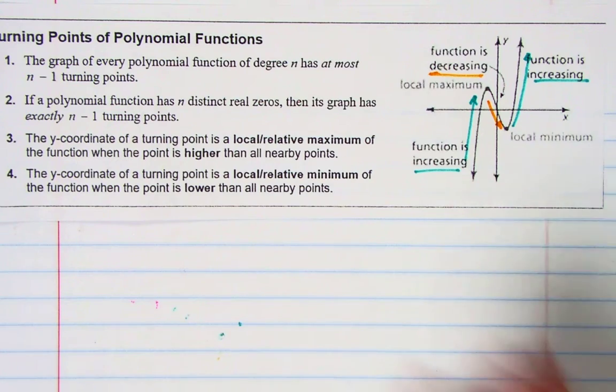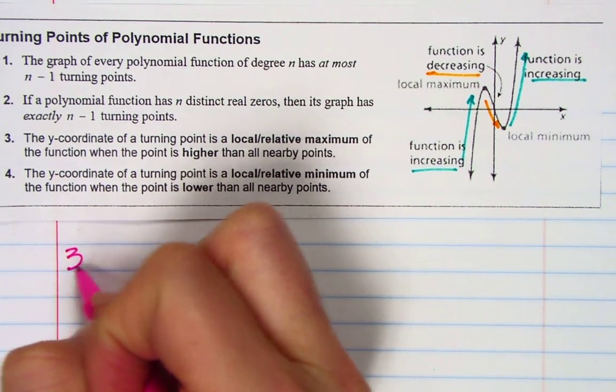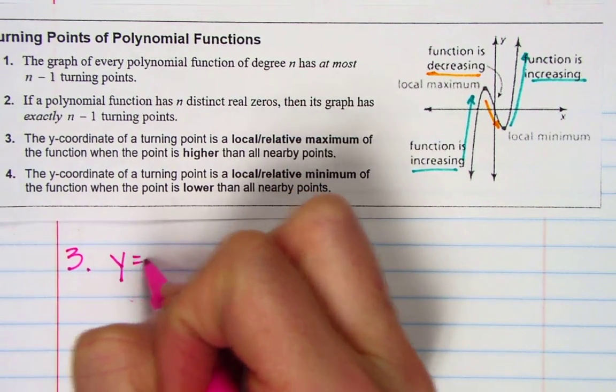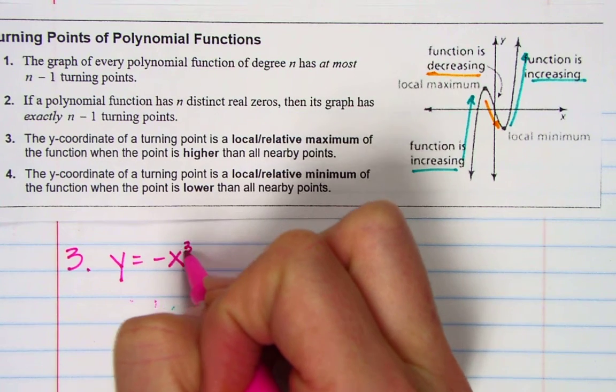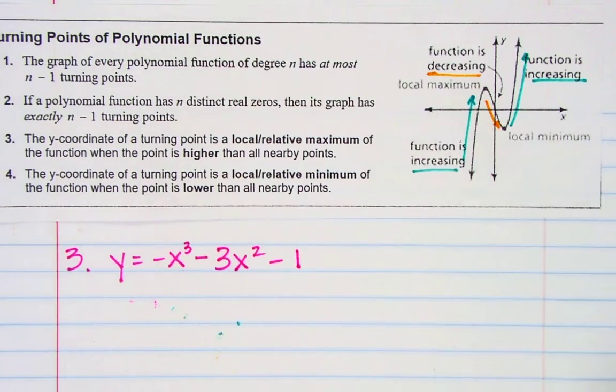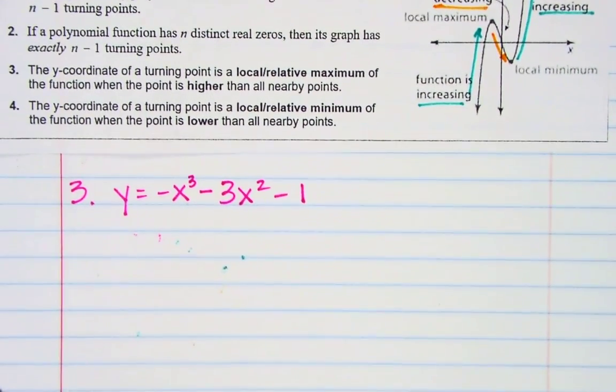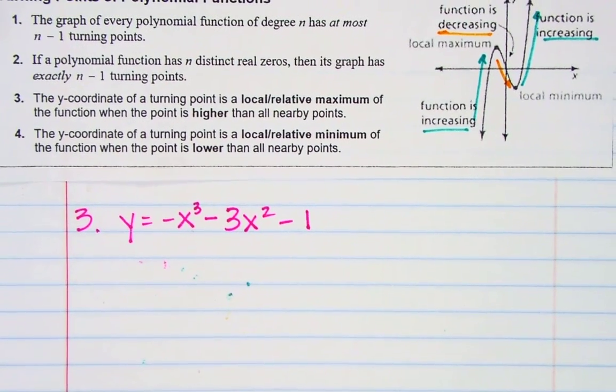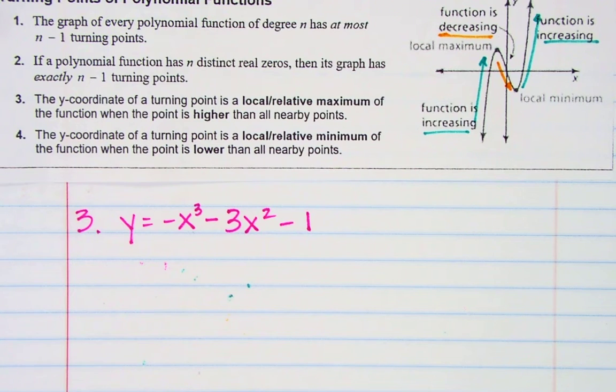We've got equation number 3, y equals negative x cubed minus 3x squared minus 1. Okay, I think these are easier when they give you a graph, okay?